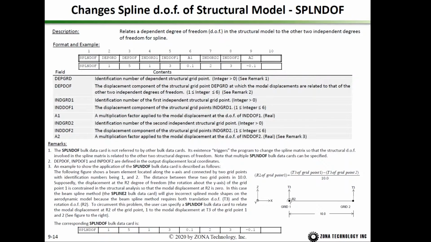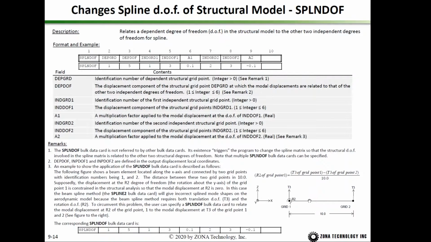But the beam spline requires not only the translational degrees of freedom, but also the rotational degrees of freedom. So the spline d.o.f will create a rotational degree of freedom from the translational degrees of freedom.